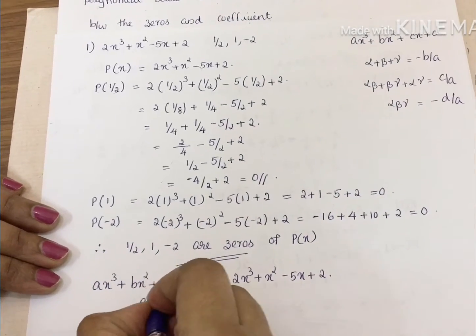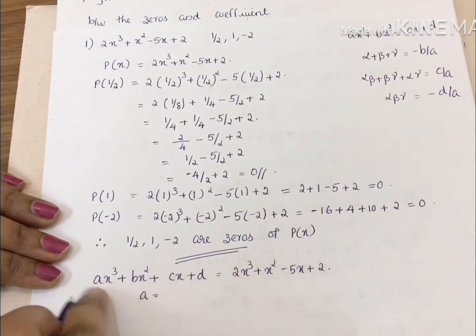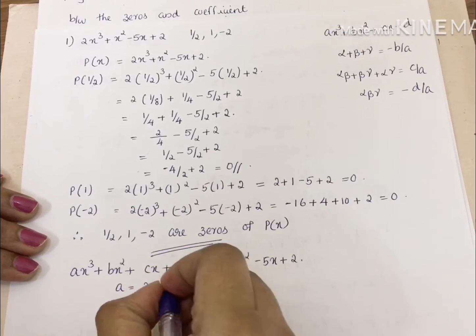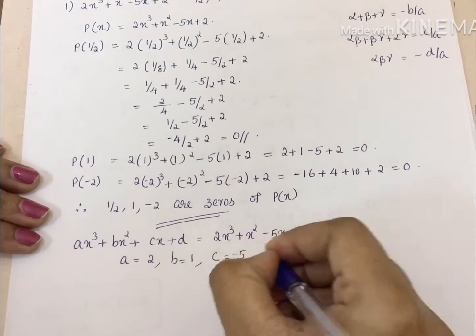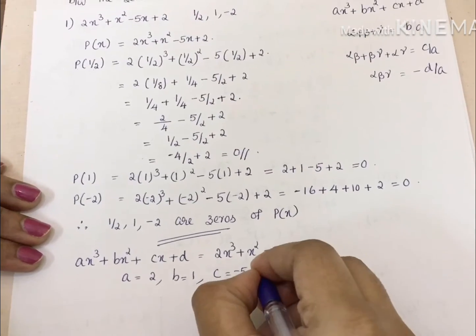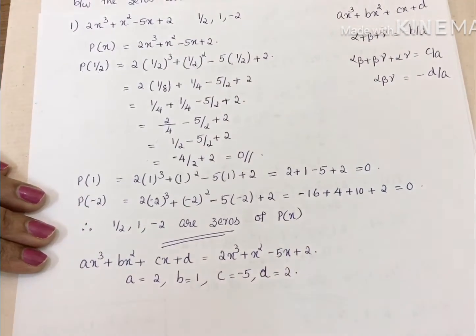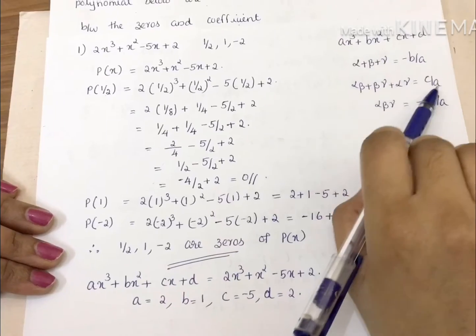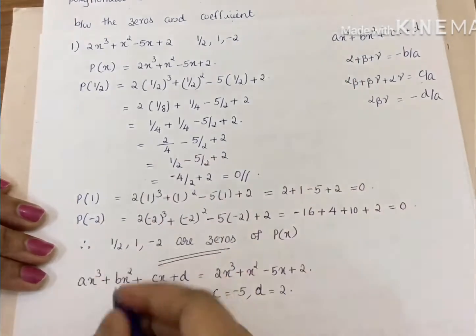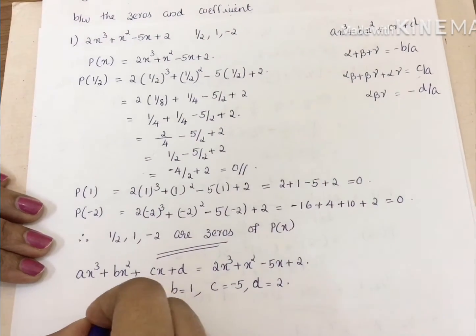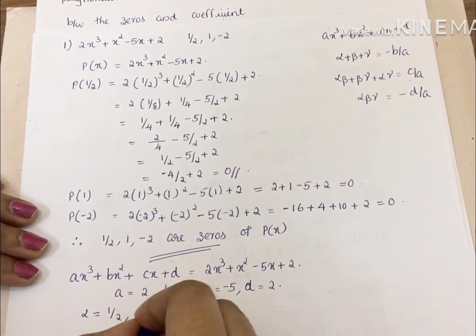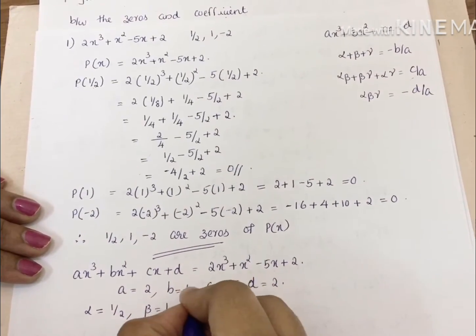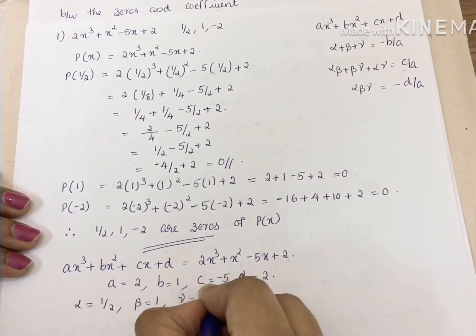From here, comparing the coefficients, a is equal to 2, b is equal to 1, c is equal to minus 5 and d is equal to 2. To compare the coefficients and the roots, take alpha equal to 1 by 2, beta equal to 1 and gamma equal to minus 2.